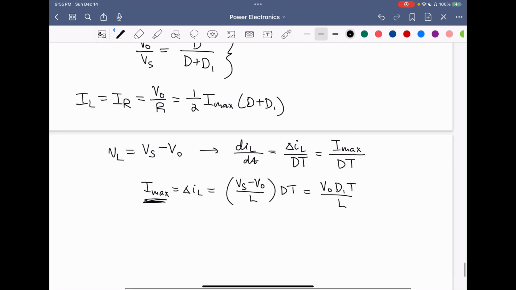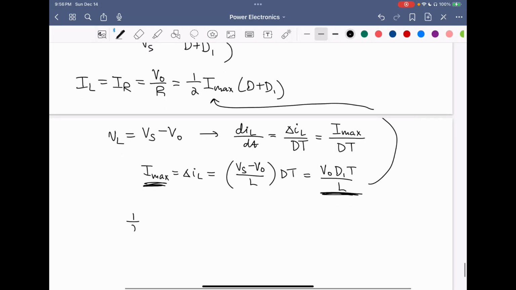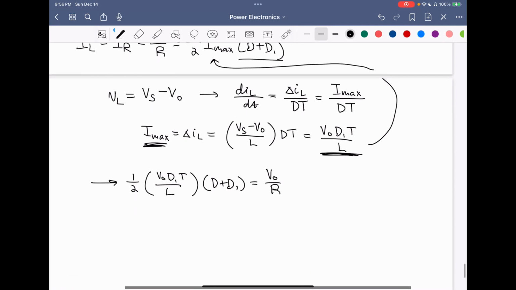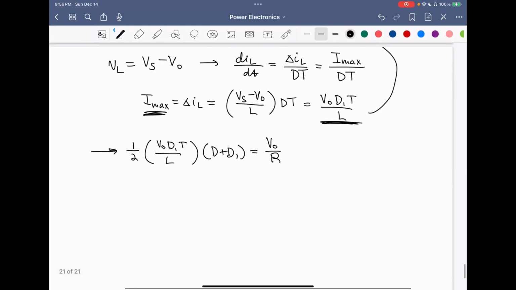So we're going to plug this expression for I max into this equation here, and we get half times I max, with this expression plugged in, times d plus d1, is equal to the load current Vo over R. If we manipulate this equation, we get a quadratic equation in D1: D1 squared plus D times D1 minus 2L over RT equals 0.